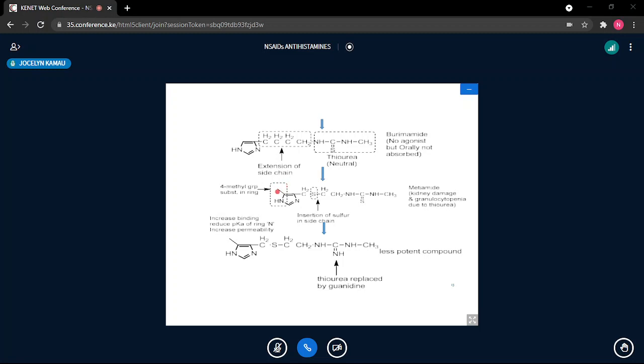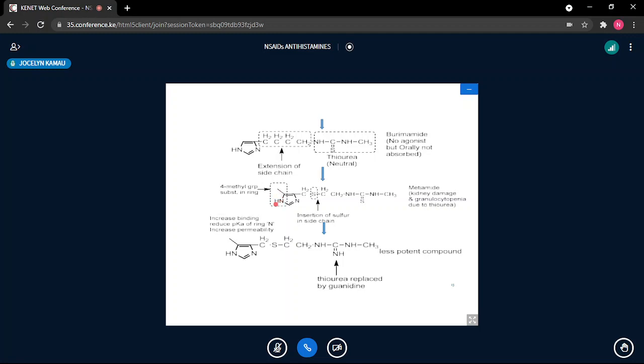So when you put a methyl substituent here, it will push electrons into this aromatic ring, and once it pushes electrons into this aromatic ring, it will increase the basicity, or the nucleophilicity, of this nitrogen. Now, this nitrogen will be more nucleus loving. It will be a stronger base, because you have pushed in electrons. And therefore, once you push in electrons, you increase the nucleophilicity and the basicity of this nitrogen atom.